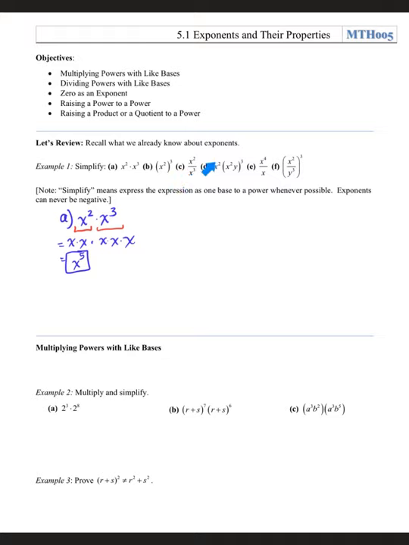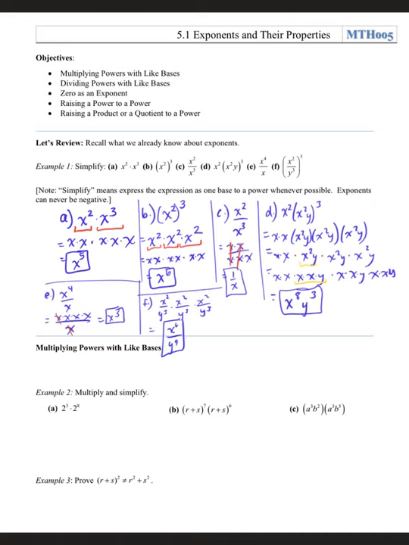In letter D, you have 2 x's, and then you have 3 of these whole things, so expand that out and see if you can simplify. Letter E, you have 4 x's in the numerator and 1 in the denominator. Again, think about canceling. And the last one, you have x cubed over y, or x squared over y cubed to the 3rd power. Again, you have 3 of everything inside the parentheses, so expand it out. Pause the video and try to simplify everything as best as you can, and then come back and check what you did with what I did.